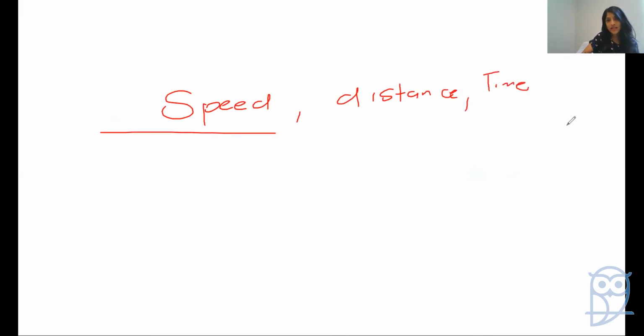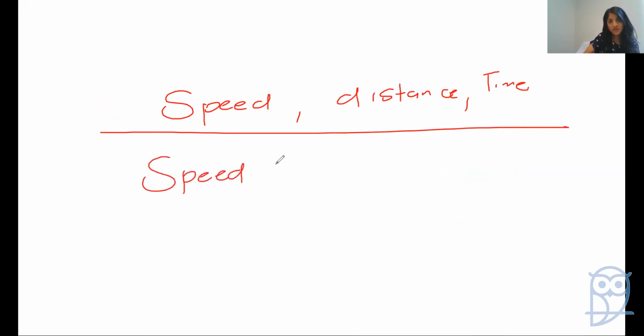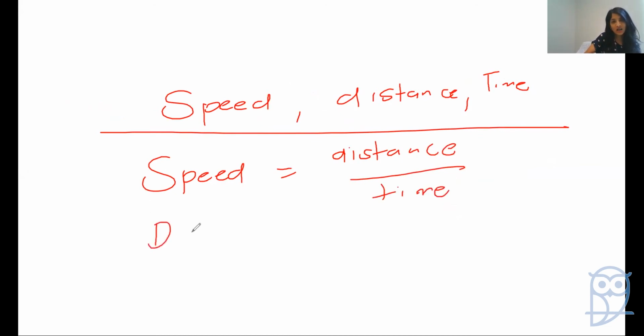Okay, guys, quickly, when we're working out speed, our formula for speed is equal to distance over time. When we're working out distance, our formula is equal to speed times time.